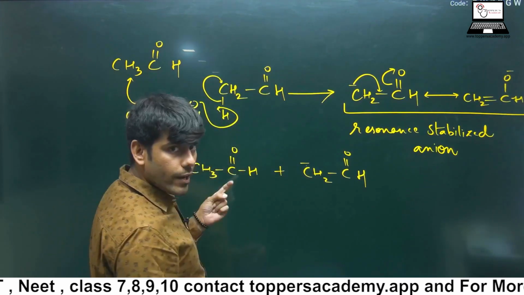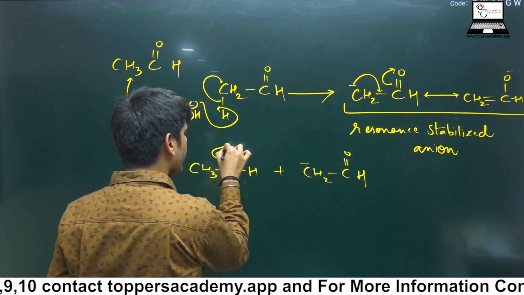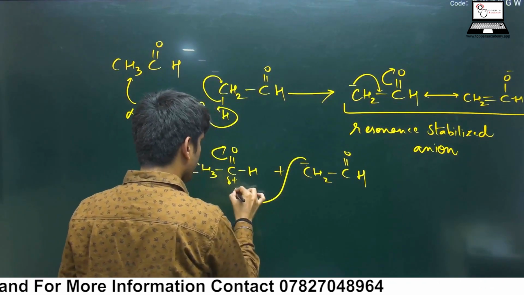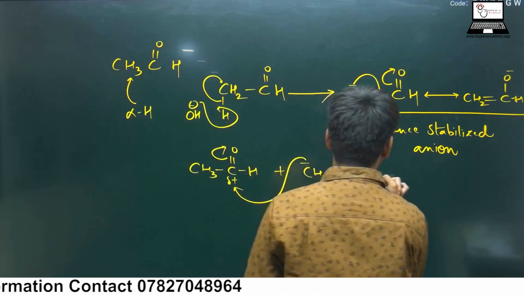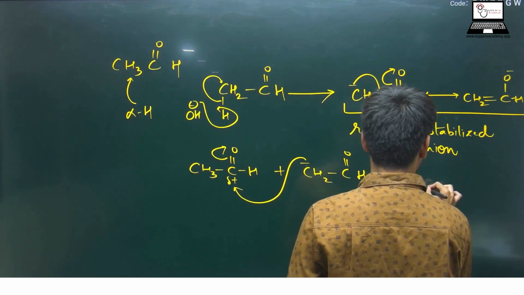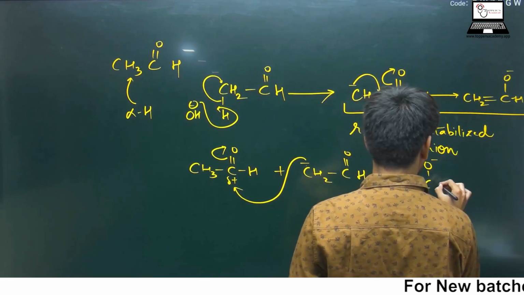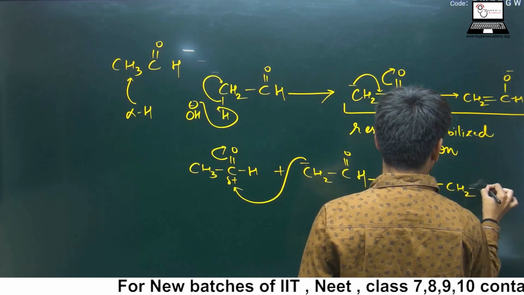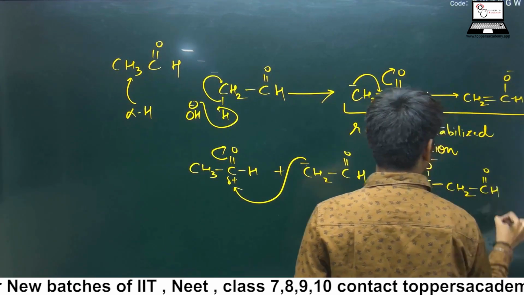You know that this is your electrophilic carbon. This bond breaks like this, so I have a partial positive over here. This will attack on this electrophilic carbon. And what do I have? O minus, I have H, and this is CH2 and C double bond H.